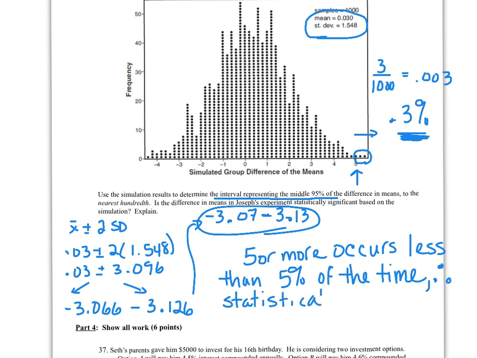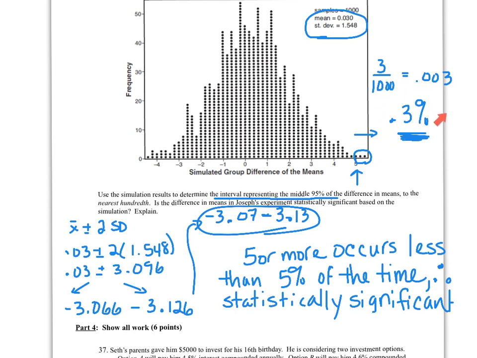Statistically significant. So if you get a percent, and let me just kind of point to this, if you end up with a percent that's higher than 5%, that's more likely to occur, and that would not be statistically significant.